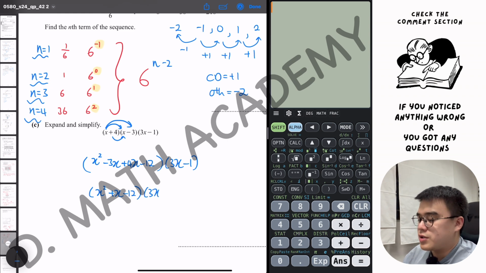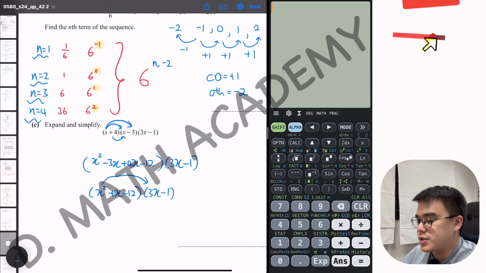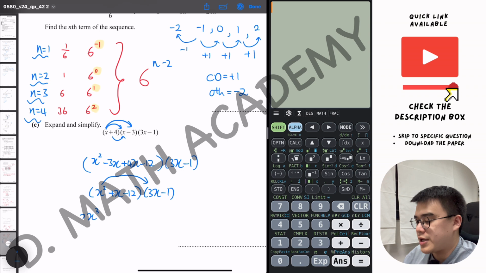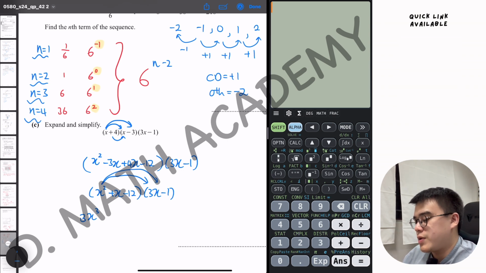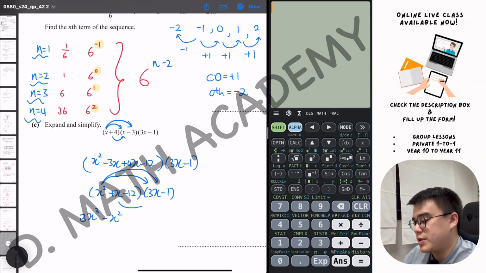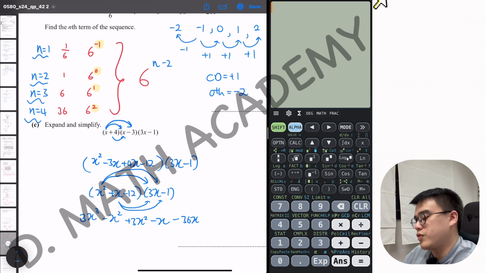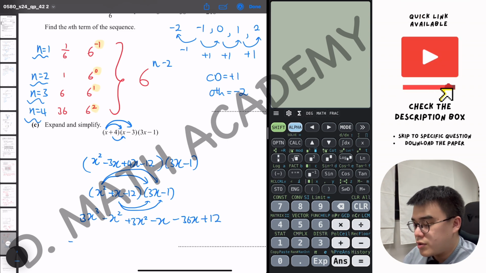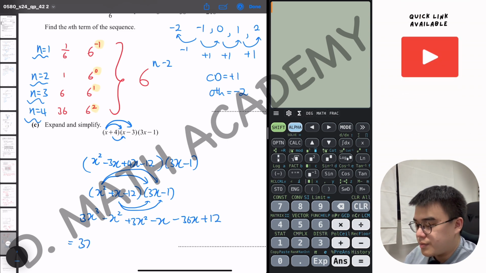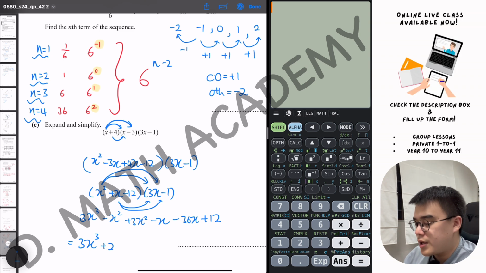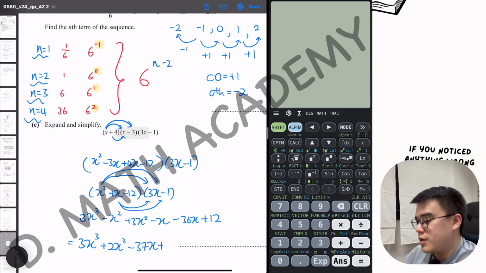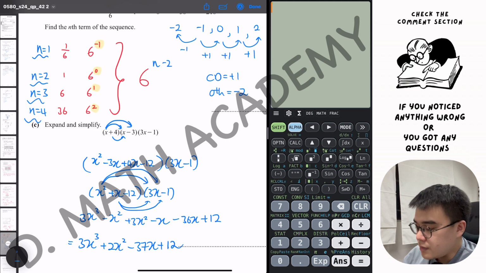As you continue to expand, you get 3x cubed to be exact, minus x squared. Repeat the same thing, plus 3x squared, minus x, and then lastly you have -36x and +12. So conclude everything: 3x cubed plus 2x squared minus 37x plus 12, that will be your final answer.